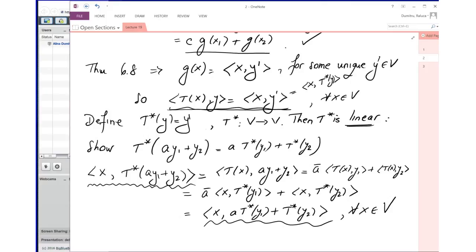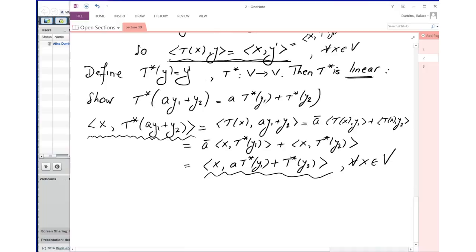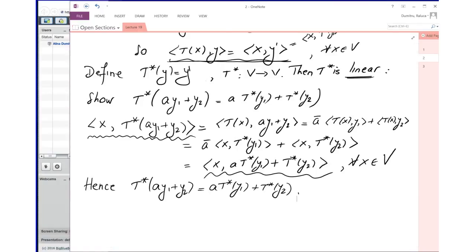Again, that property from 6.1. So T star is linear. Okay?